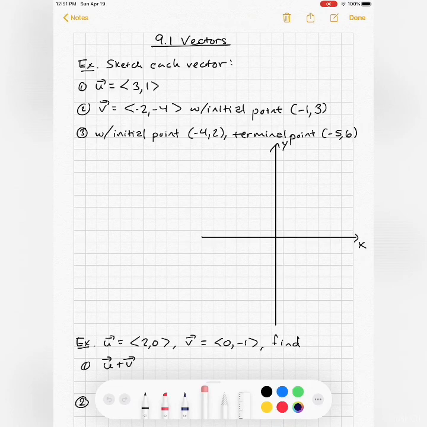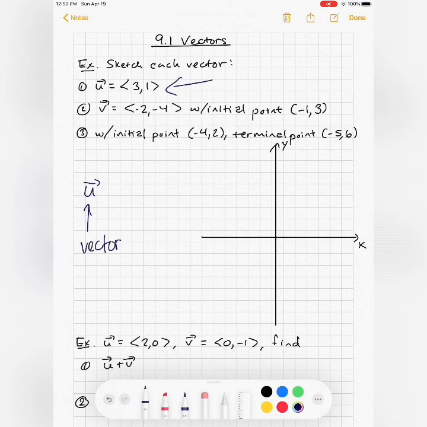So starting out with some notation. My first vector here is the vector u. So we use the arrow over the vector there just to indicate that this quantity represents a vector.